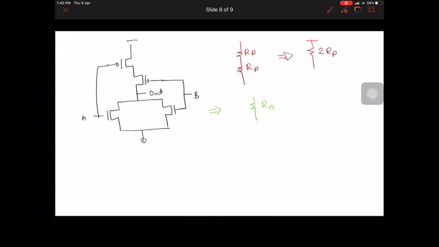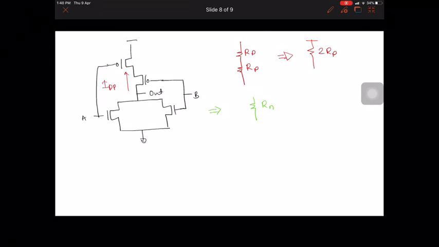In order for the same current to go in the pull up network as in the pull down network, what should be the size?